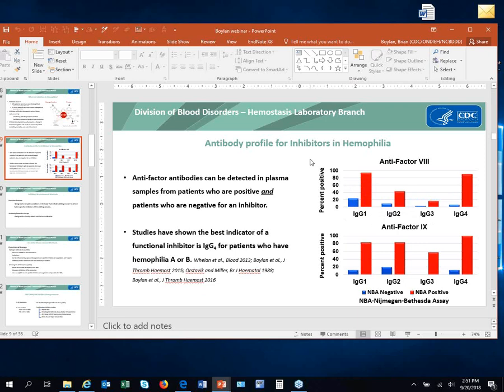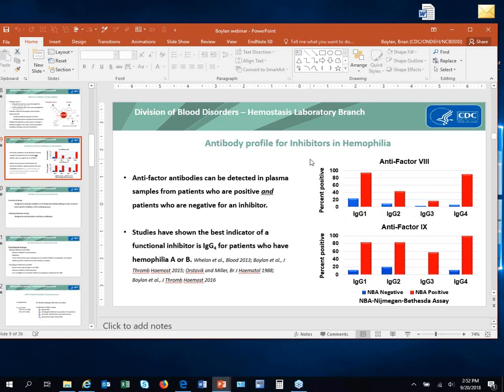Okay, this question is a very specific question, I guess, about methodologies. So the question from the audience is, do you ever use human serum albumin? So I'm not exactly sure what the question is getting at, but let me say this.